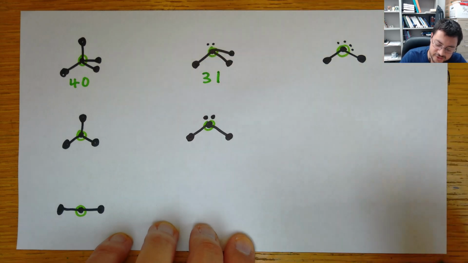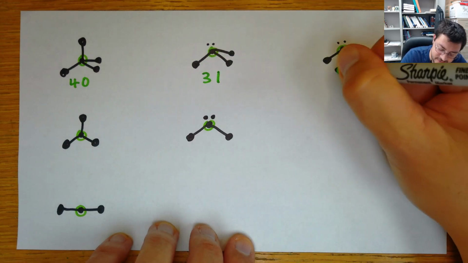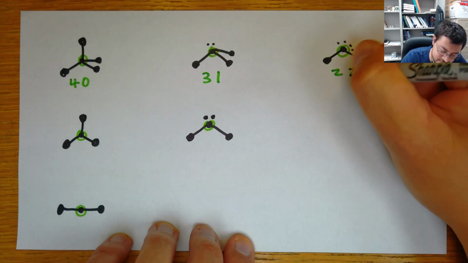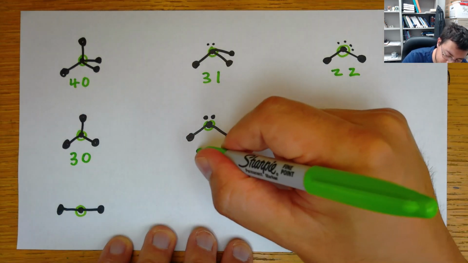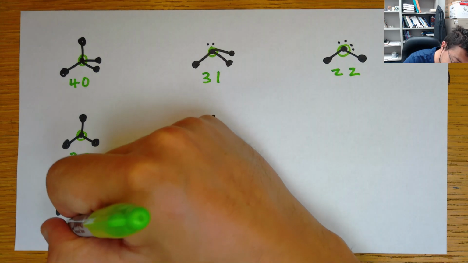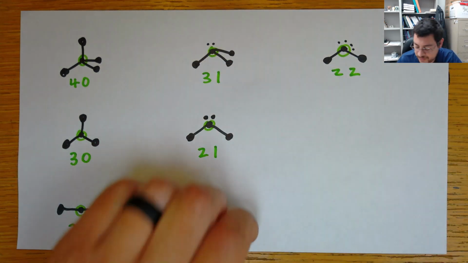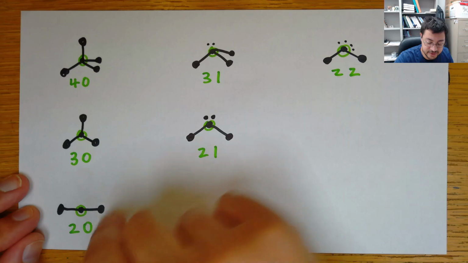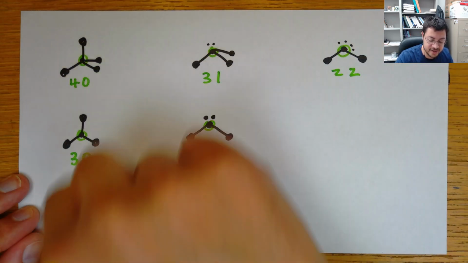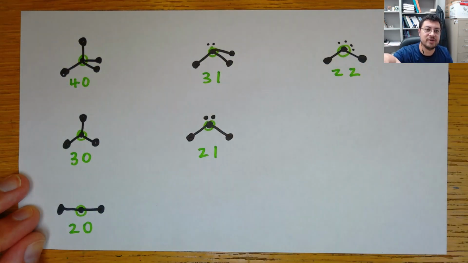This is a 3-1 structure. Here, 2 bonded atoms, 2 lone pairs, 2-2 structure. 3-0, 2-1, 2-0. So now that we've done that analysis, go ahead, take a minute or two, and take the 6 example molecules we did earlier and place them next to these names. All right, I'll pause here.